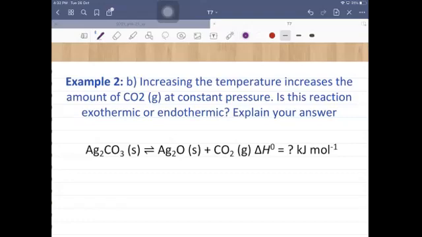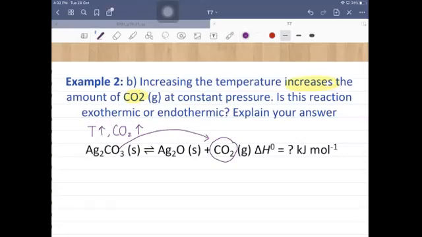The keyword here is that increasing temperature increases the amount of CO2. T increases, CO2 increases. And if you can see, your CO2 is in your product. That means increasing temperature has favored the production of CO2. Increasing temperature has influence in the production of more CO2 in the system.